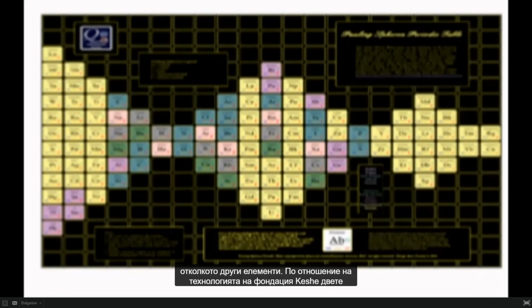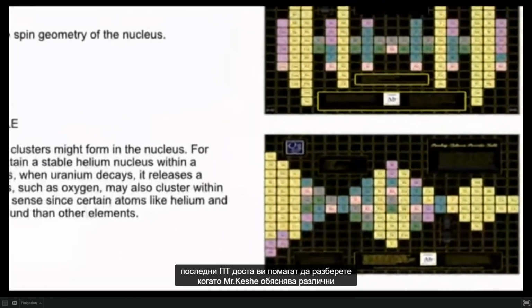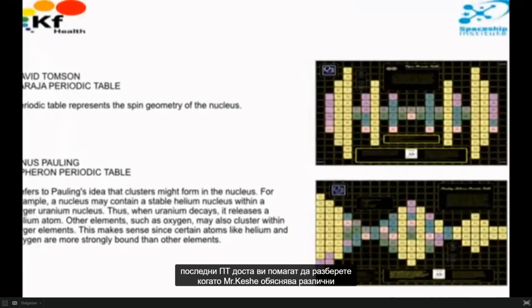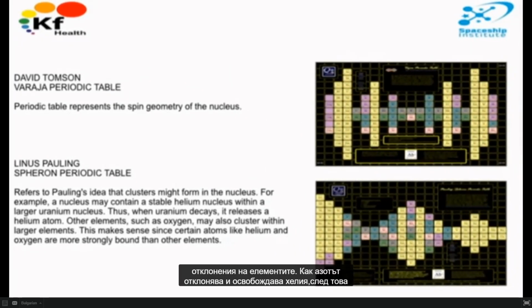Regarding the Keshe technology, those last two periodic tables give you a lot of understanding when Mr. Keshe explained different divisions between the elements, how nitrogen divides and releases helium, then helium divides to oxygen and so on.